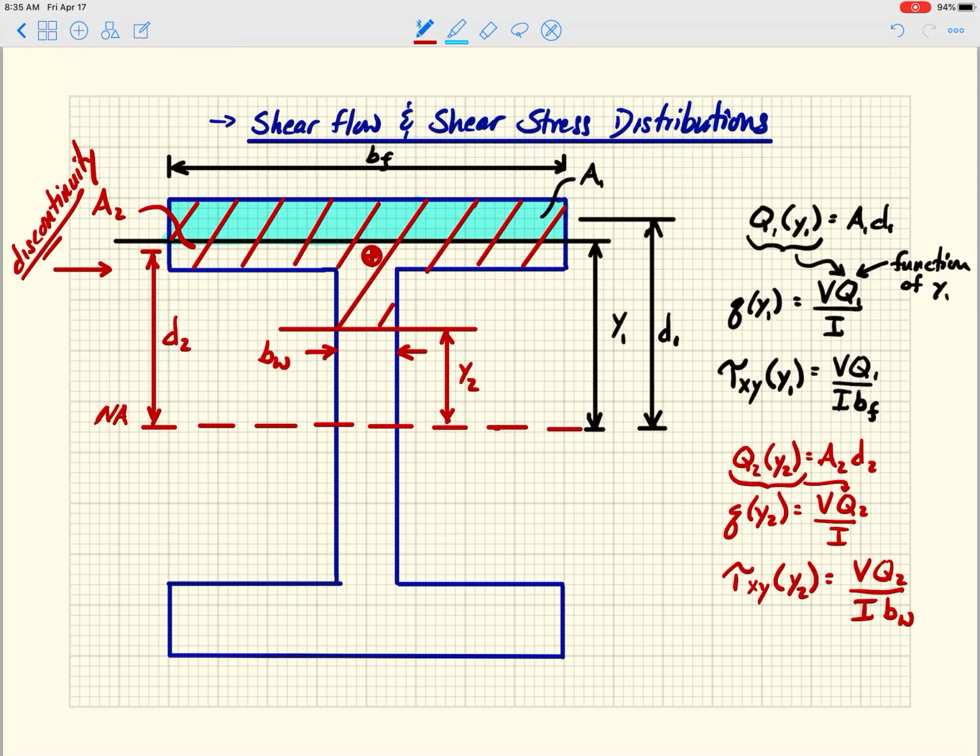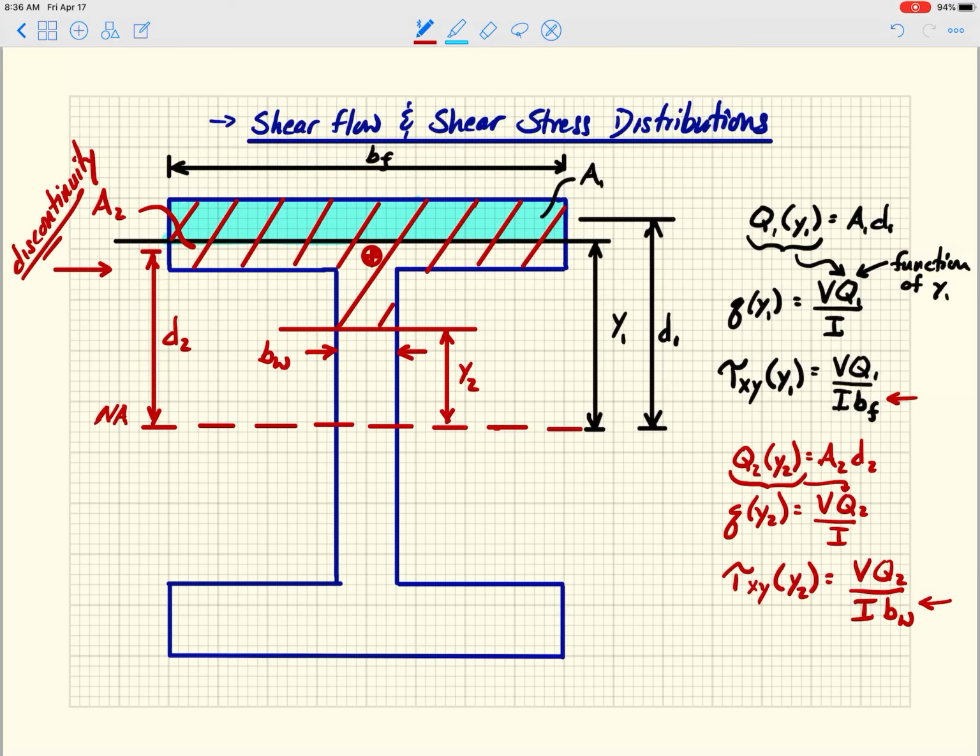Right? So what does that mean? Well, it means that if I'm calculating the shear stress above that point, so now I'm in the flange, I'm dividing it by B sub F, right? If I'm calculating the shear stress below that level, now I'm calculating it by B sub W.